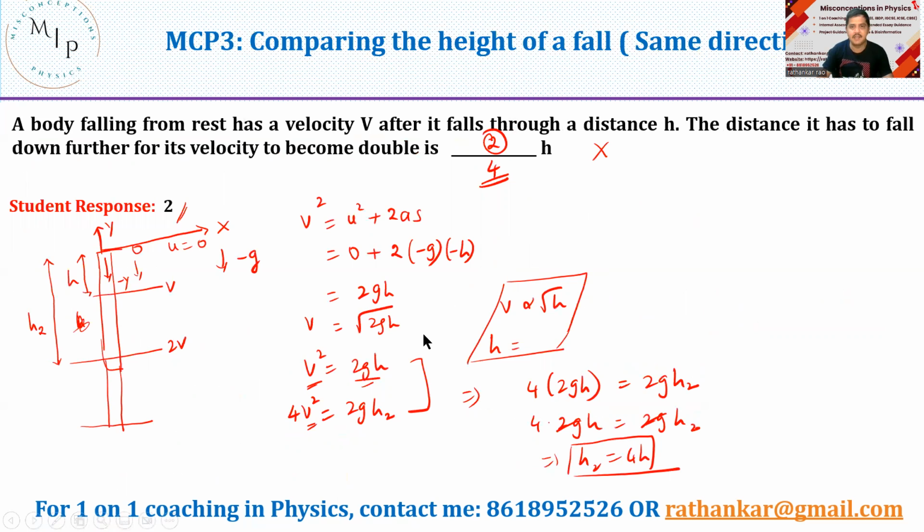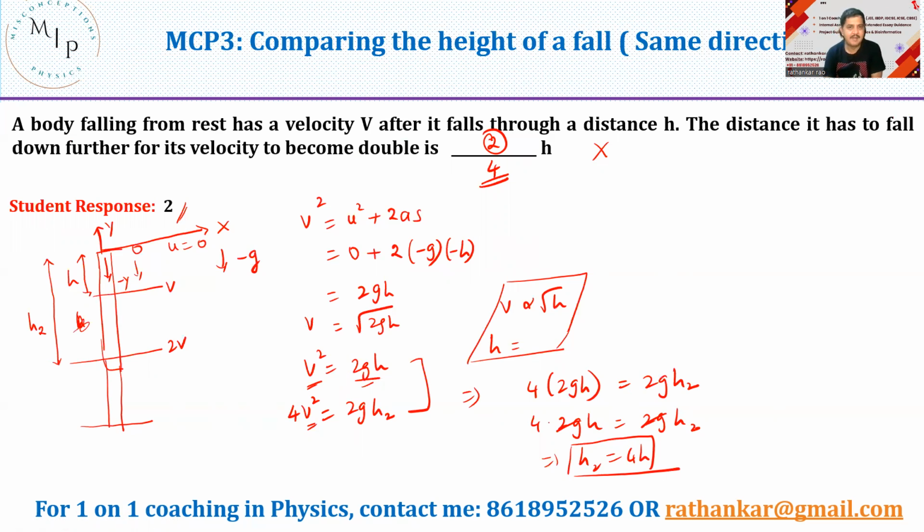Yesterday, if I remember, we did one problem where a particle falls from a certain height with velocity v, and if the velocity becomes 2v, then what is the height from which the particle has fallen? This was given by one of the students. Most students assume that the height is proportional to velocity, because they take distance divided by time equal to velocity, which is incorrect here.